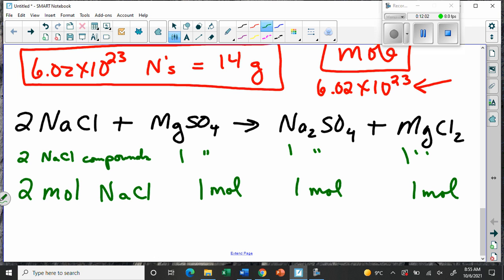And it's telling us the proportions. So this is easy for chemists to measure out. We get a cup, and we can put in lots of sodium chloride, and we can use our mole as a way of describing how much. And that's essentially what it is.